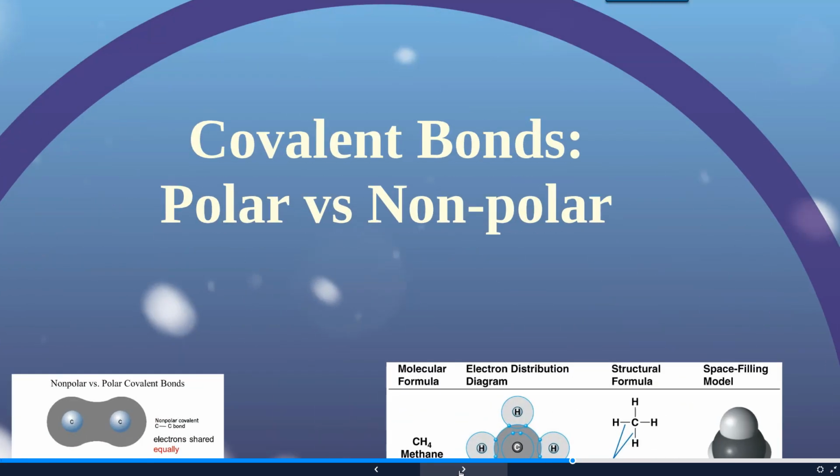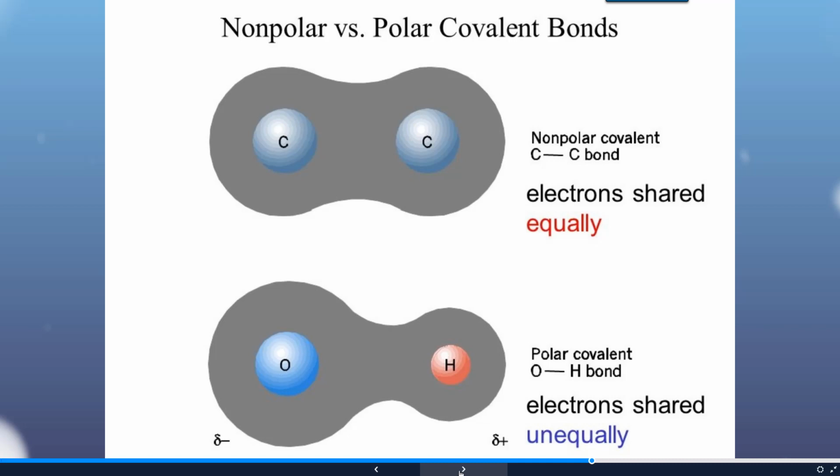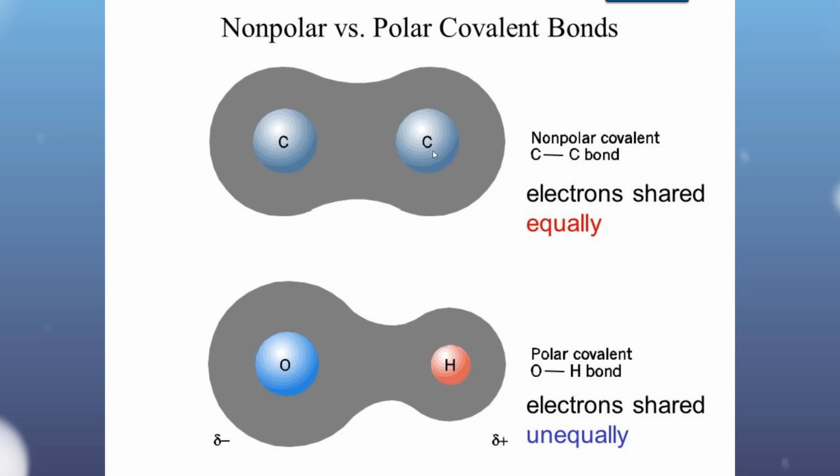Now, covalent bonds can exist in either a polar or non-polar state. The difference just has to do with the electronegativity of the elements within the actual molecule. So for instance, in the molecule along the top here, we have two carbon atoms that are sharing electrons equally.